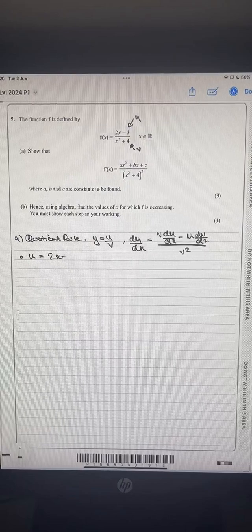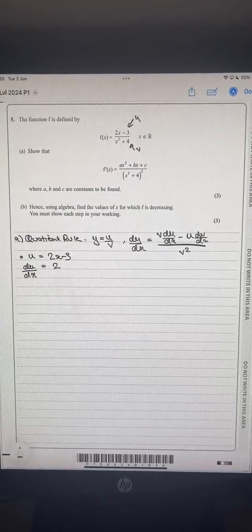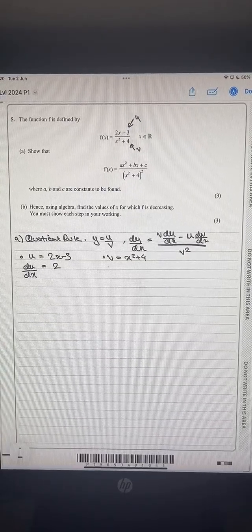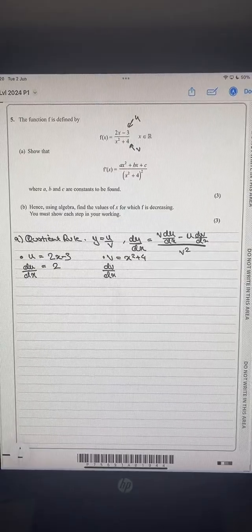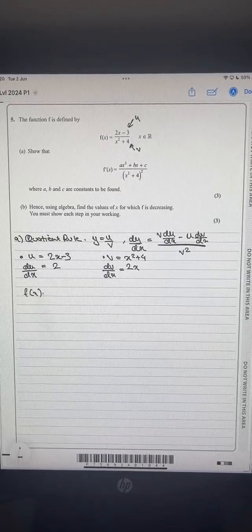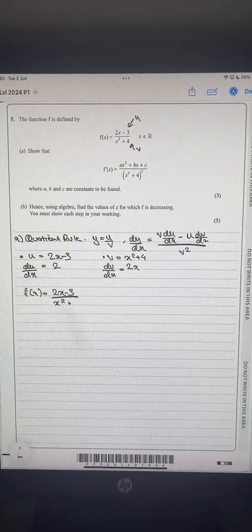So u is 2x minus 3, and it's not difficult to differentiate this. That's just 2. And then v is equal to x squared plus 4, and again, a very basic differentiation is 2x. So those are your year 12 differentiations. Now we have to do the year 13 part and put that in. So I like to rewrite my expression just to make sure I've understood it.